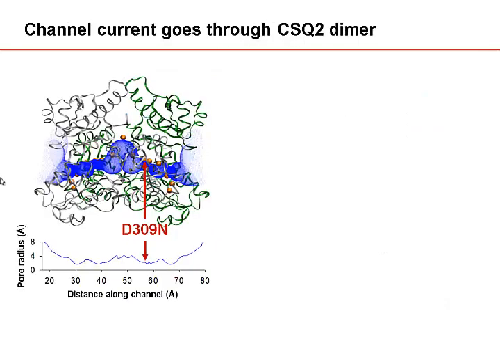Because negatively charged residues are distributed both on the surface and in the interface of a CSQ2 dimer, to determine whether the conductance was generated through the channel or bypassing the channel, we replaced the negatively charged aspartate at the 309 site of the bottleneck region by a non-charged asparagine.